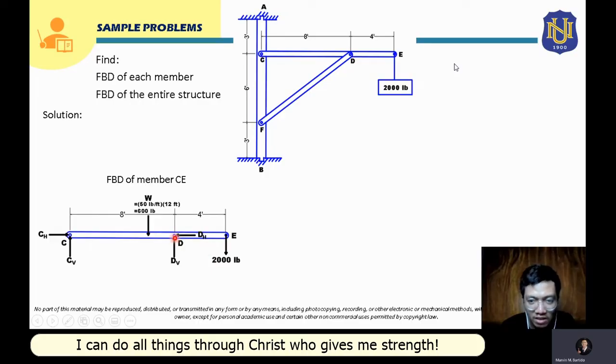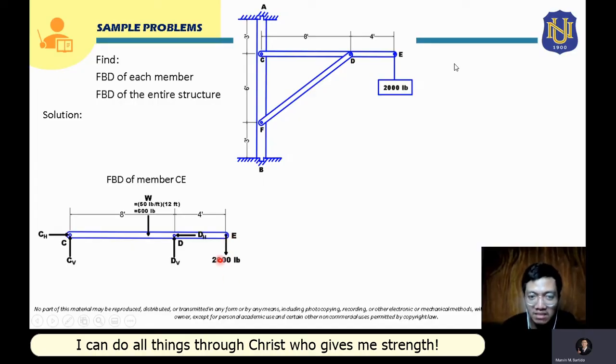It will move this way since there's a support here, as it is pulled downward. So this pin at point D should react so that this member CE will be in equilibrium. The horizontal reaction here should be directed to the left, so that it can resist the motion caused by the 200-pound load.